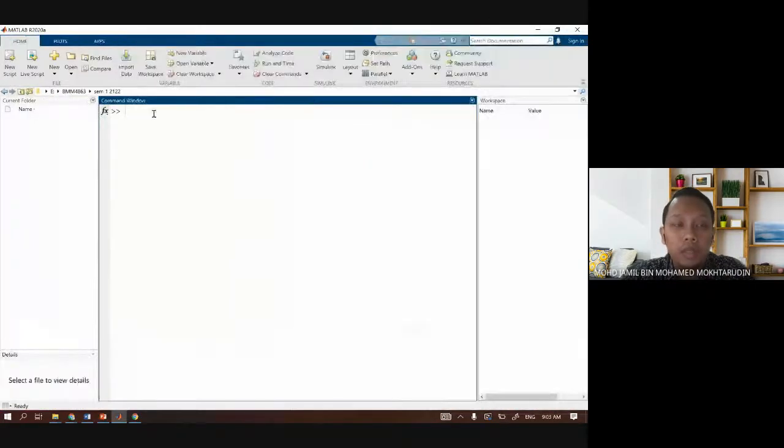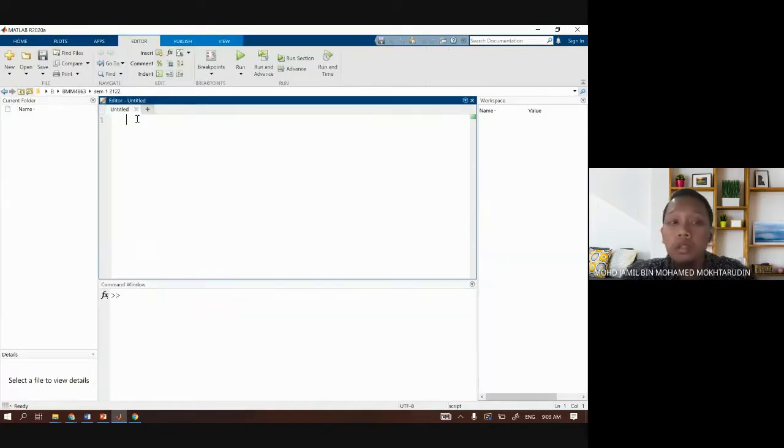In your Matlab, you just open a new script, any one of these will work. New script. So you write your ODE function. Function dy dt equals the name of your function, and the input must be accepting t and y.